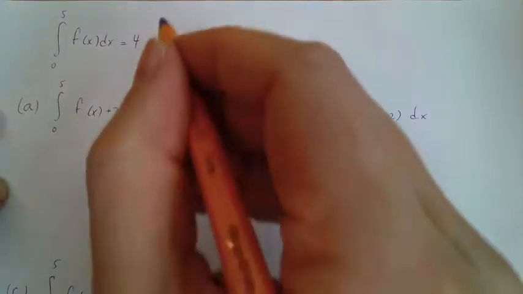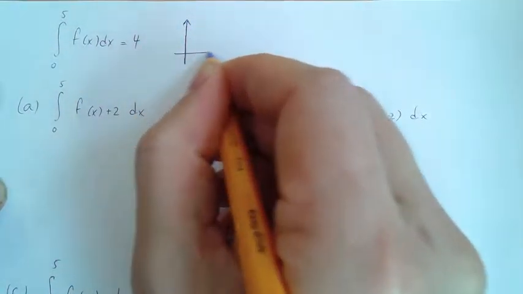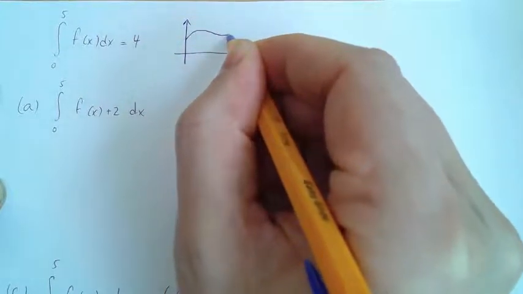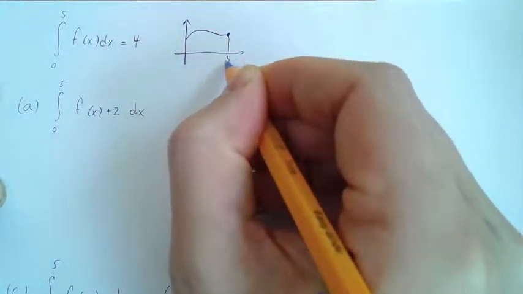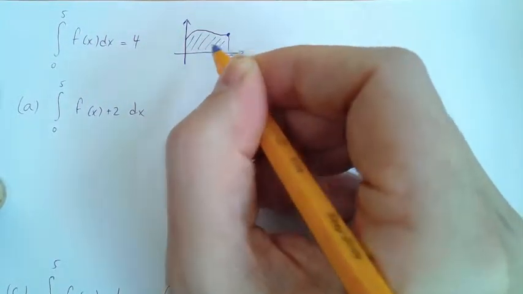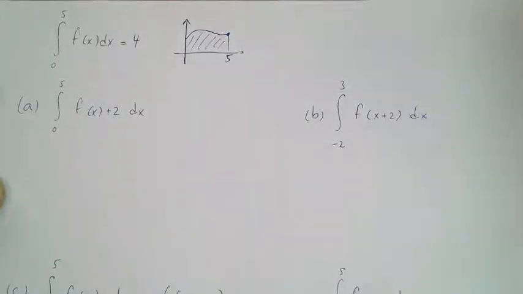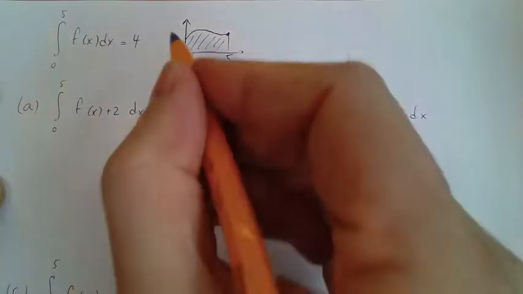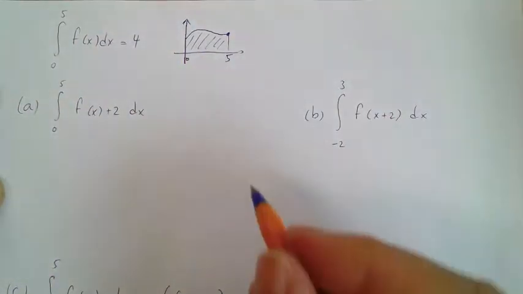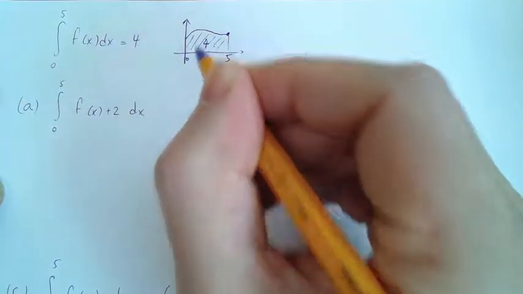So we know that a certain function, I'll just randomly draw it like that, is such that the area under the curve, between the curve and the x-axis from x equals 0 to x equals 5, is 4.